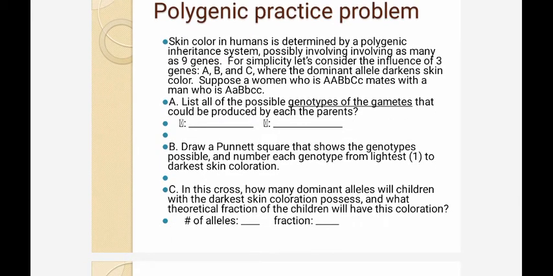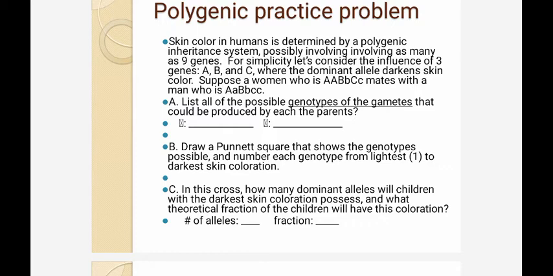Polygenic practice problem. Skin color in humans is determined by a polygenic inheritance system, possibly involving as many as nine genes. For simplicity, let's consider the influence of three genes A, B, and C, where the dominant allele darkens skin color.